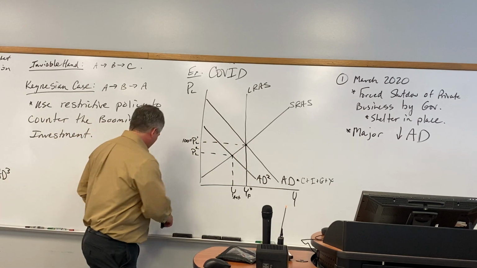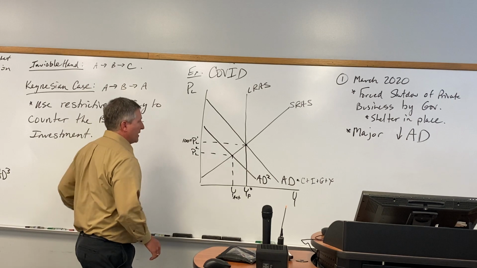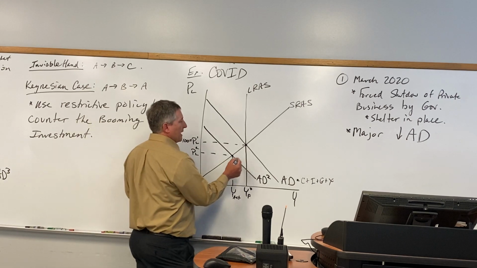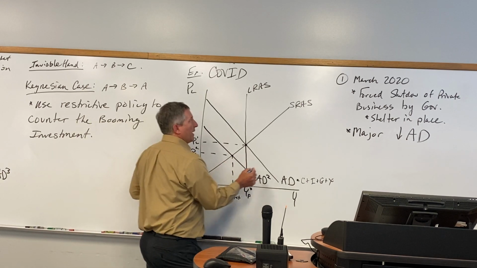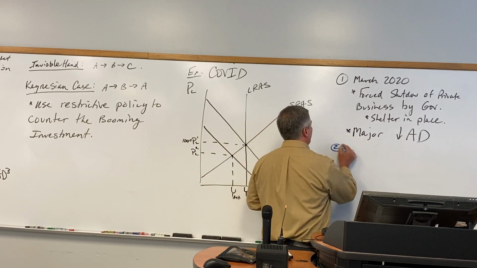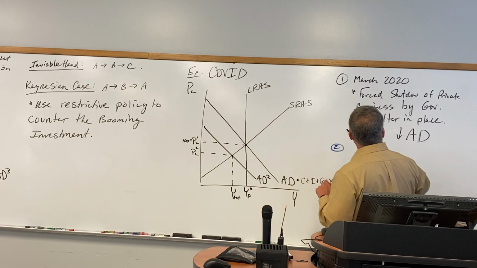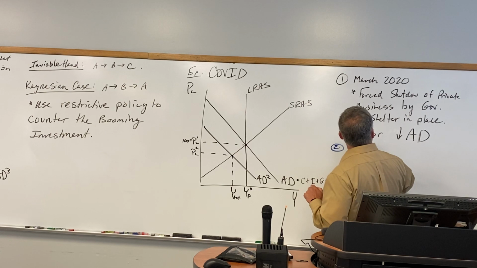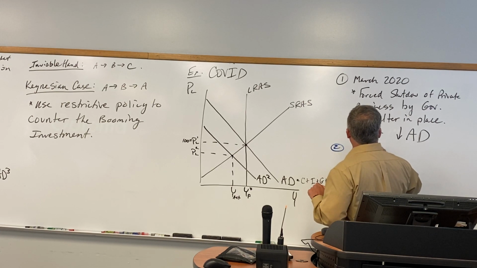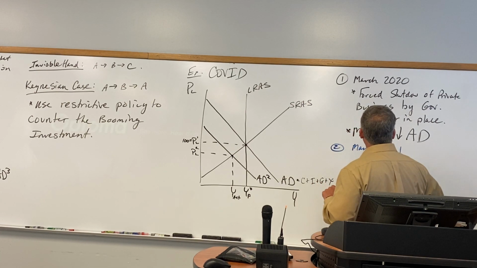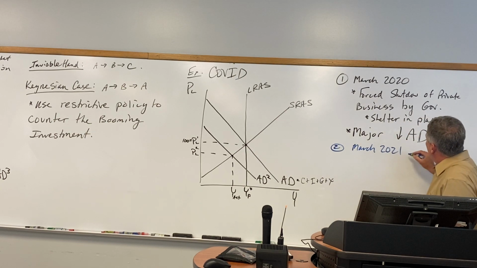And now we start to see the inflationary effects of doing that. With COVID, we had the COVID check. So number 2, this wasn't until about, I don't even remember honestly, but let's just say March 2021, roughly a year later, approximately.